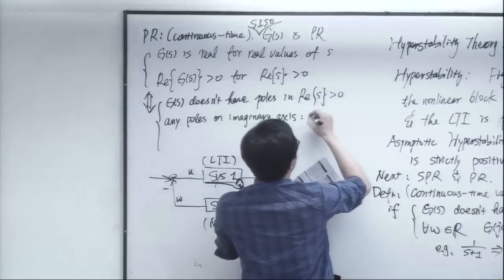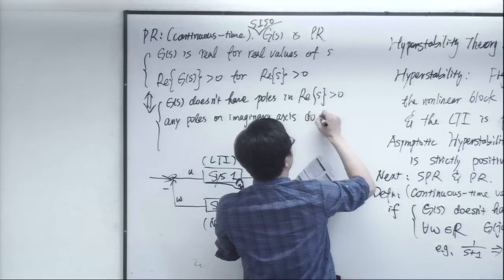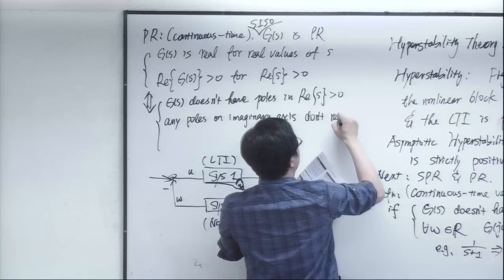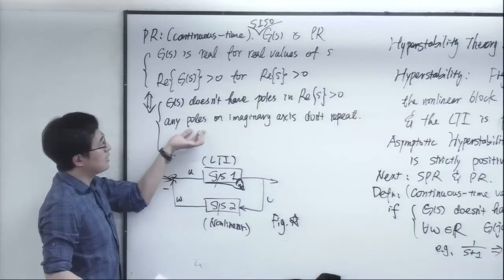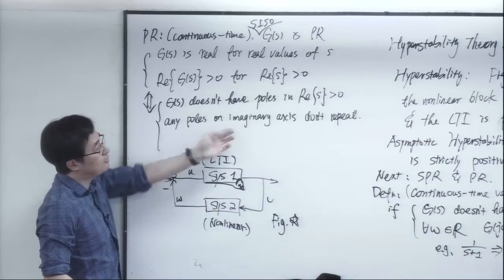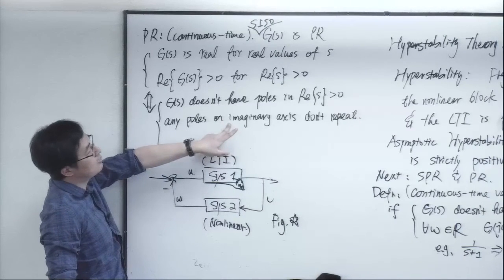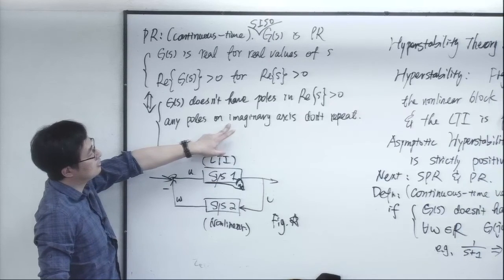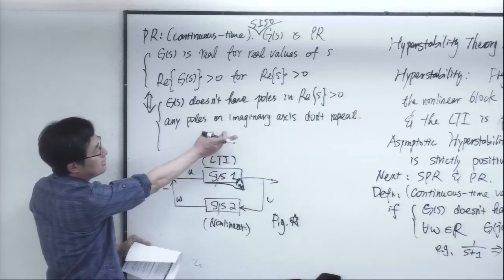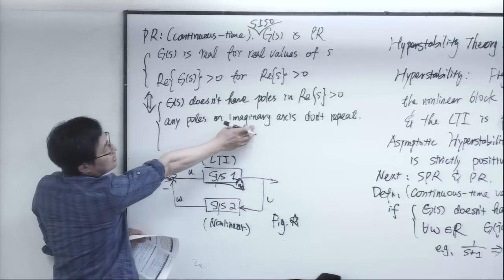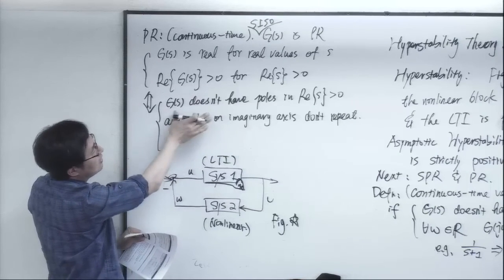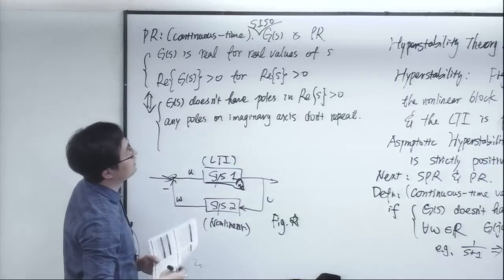They don't repeat. So a double integrator can't be positive real. It cannot have repeated marginally stable poles. That is somewhat expected, right? If you have repeated poles on the imaginary axis, then the transfer function is going to be unstable.